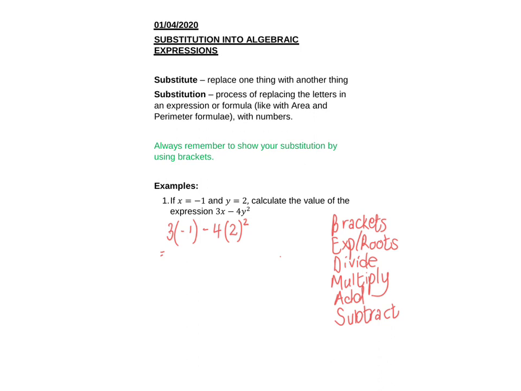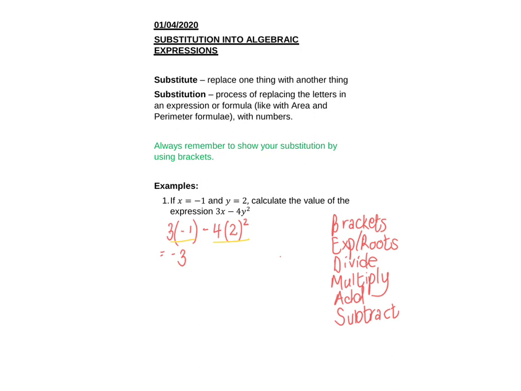So 3 times -1. So we can see here we have 2 terms that we need to simplify before we can subtract them lastly. So 3 times -1 is -3. And in this part of the calculation over here, we can see that we have to square first.